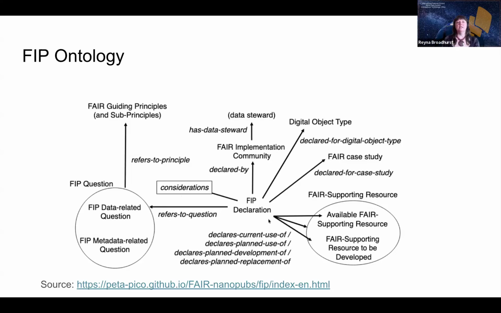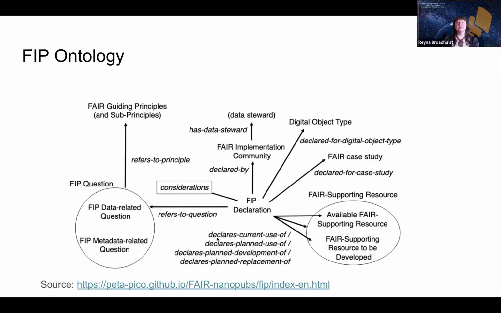And then they could say if they're currently using it, planning to use it, if that resource needs to be developed, or they're going to replace something. So there's a few different ways to declare that resource to a question. And you can also specify it's for a particular case study situation, or for a specific digital object type. So there's multiple pieces to that as you dive in.